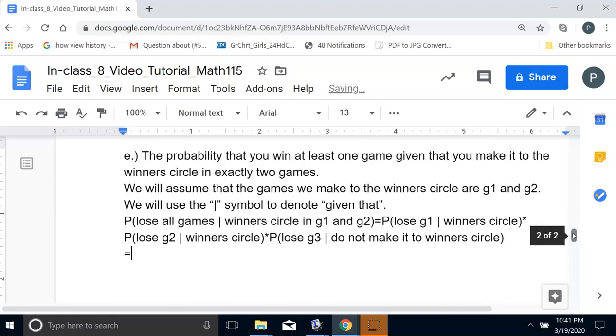Okay, so you can convince yourself that this side should equal the other side of the equal sign here.